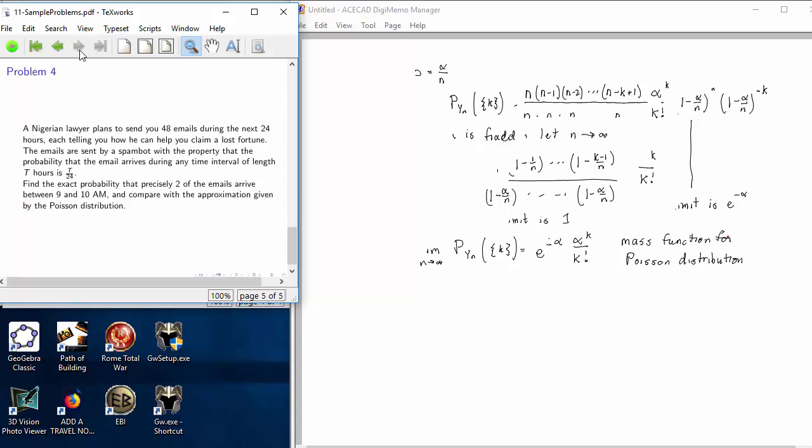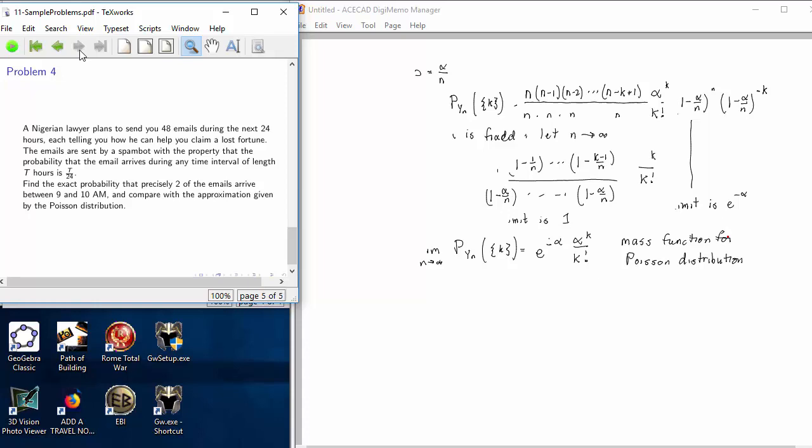He's not mailing these directly, though. He's sending them out by a spam bot, and the probability for any interval of length t hours that a specific email will arrive is t over 24. In particular, the probability that an individual email will arrive in a specific 1 hour period is 1/24.